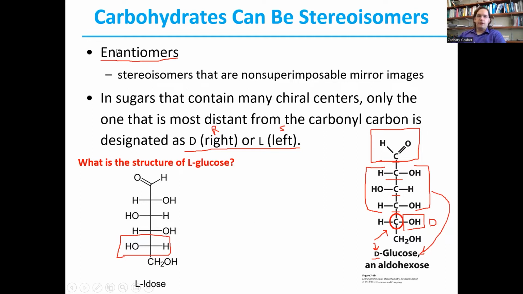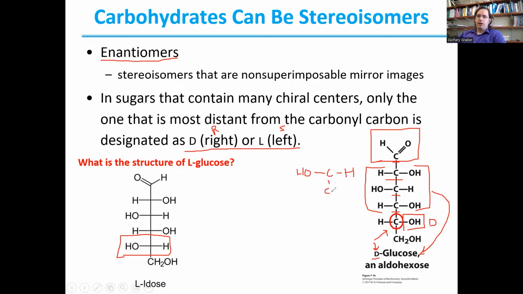So all of our sugars are named such that the L and D forms are always exact mirror images, or enantiomers. So our L-glucose would actually have every single chiral center here flipped. So anywhere where our OH is on the right, it would now be on the left.